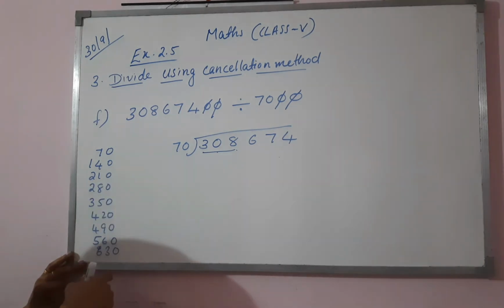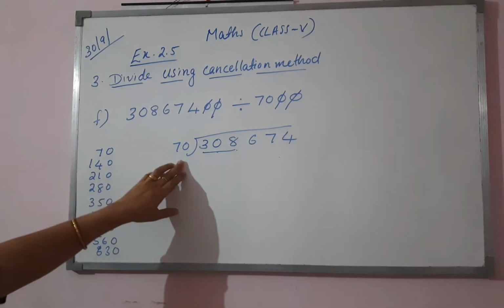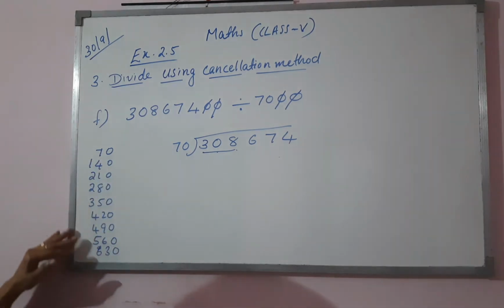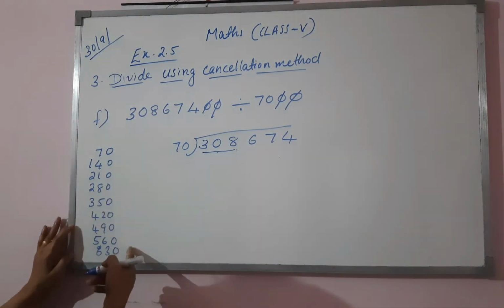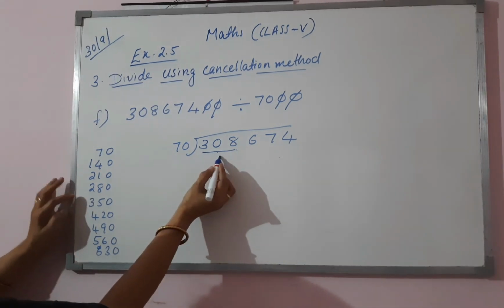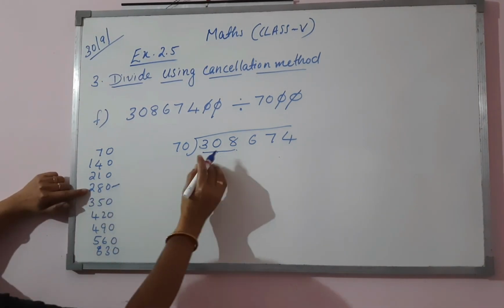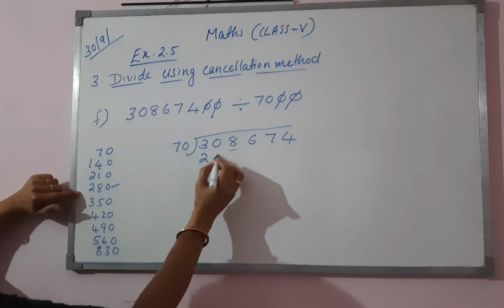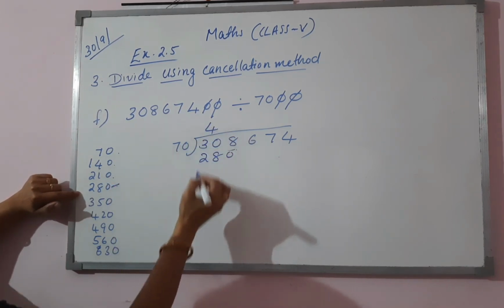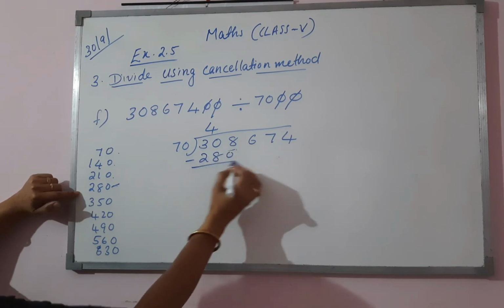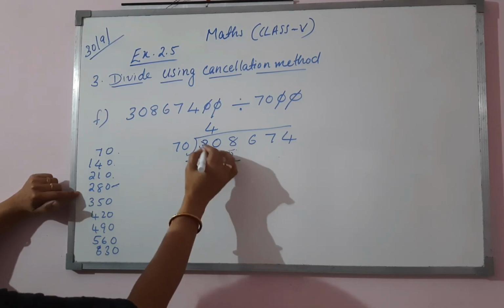So that 0 I added here because it is multiplied by 70. 7 table after writing, then we have to add 0 on the right side. You will get the table of 70. Now 308, which number can you take? 280 you can take. 4 times, quotient 4.